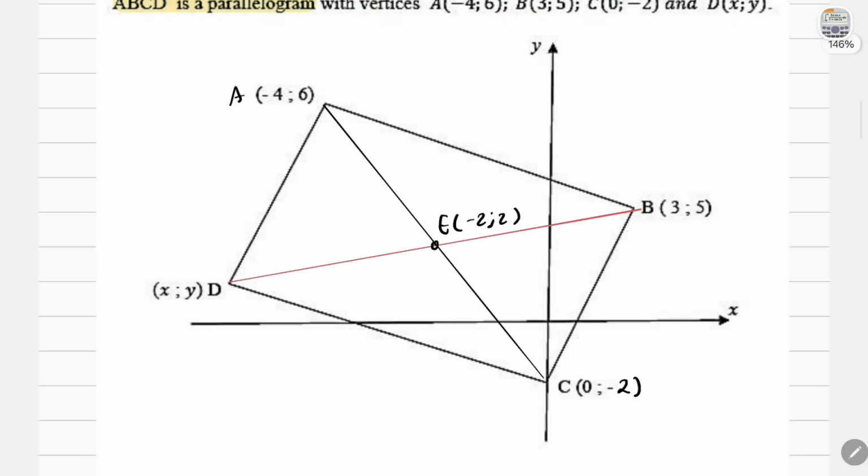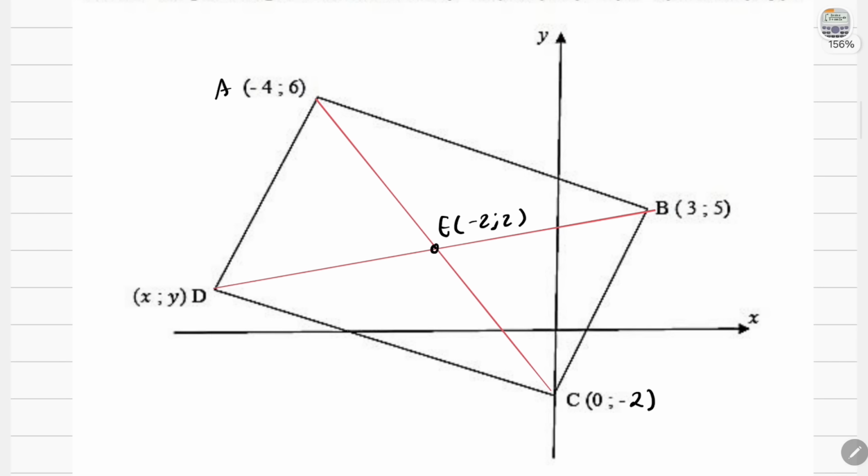What it means for the diagonals to bisect each other is that this diagonal is bisecting this diagonal, cutting it into 2 equal parts, making this equal to this. And this diagonal DB is also bisecting AC, meaning this is equal to this. All that means is that E is the midpoint of AC, but E is also the midpoint of DB.